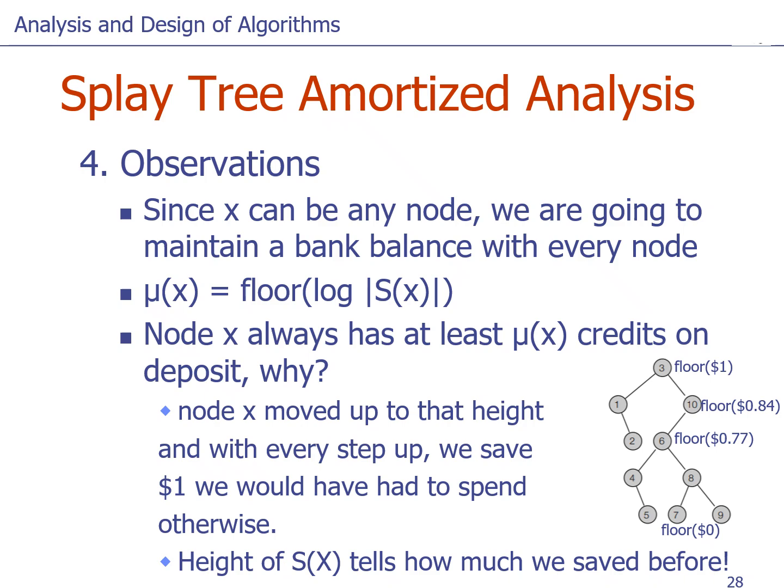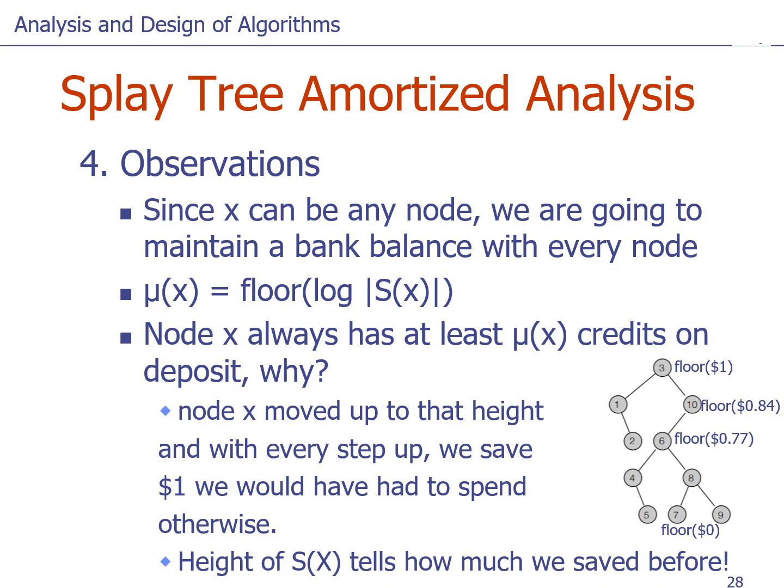Now, since we're concerned about x, I'm going to talk about the subtree rooted at x. Okay? So I will maintain a bank balance with every node, instead of for the whole tree. As if I have the ability to open bank balances, I will open a bank balance for every node in the tree. And I will deposit in that bank balance the floor of the log of the number of elements in the subtree rooted at x.